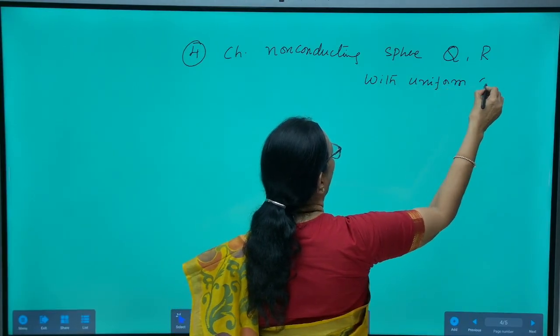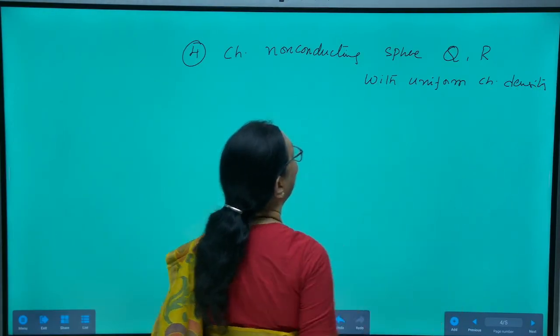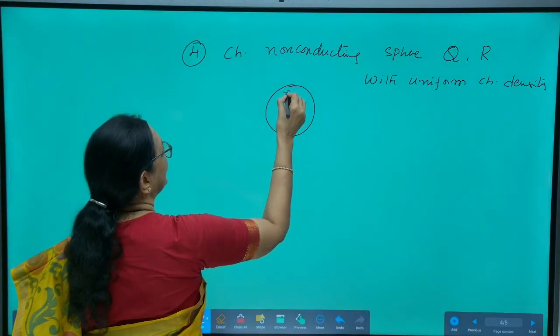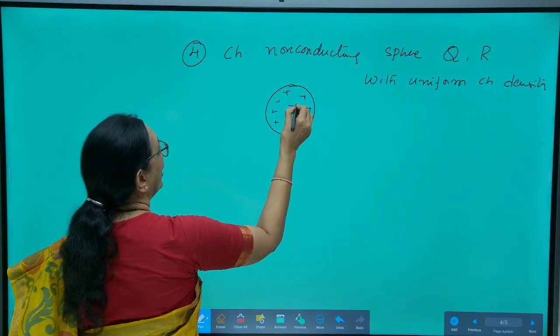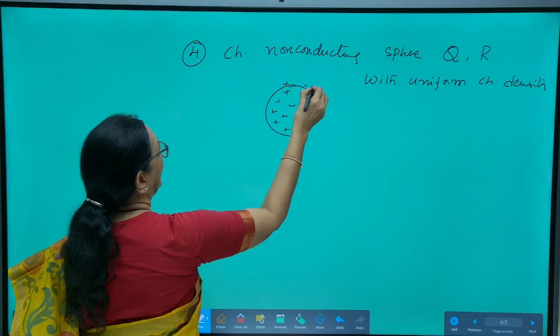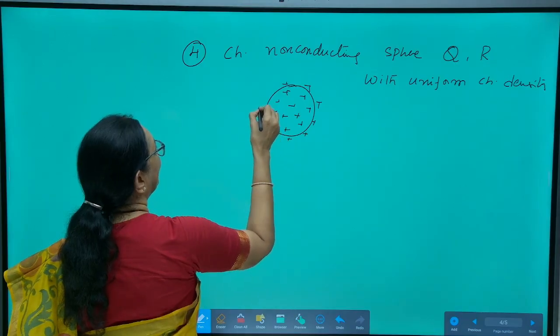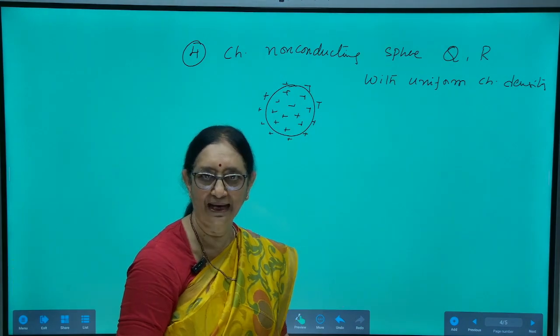With uniform charge density. So, that is a non-conducting sphere, with charge uniformly distributed over the entire volume of the sphere. So, this is a charged non-conducting sphere of total charge Q and radius R.